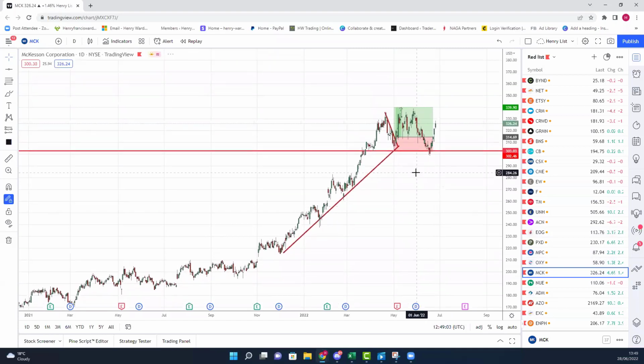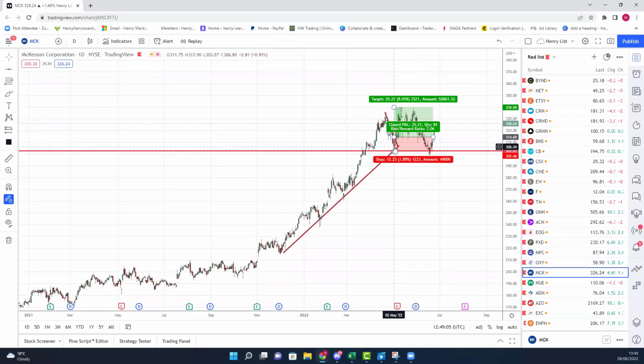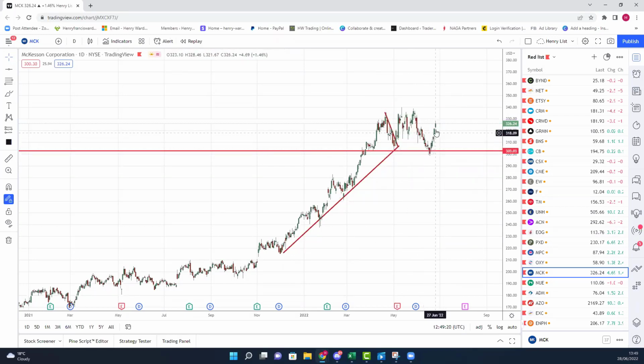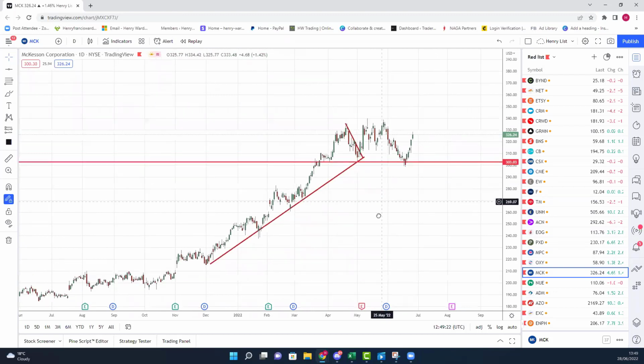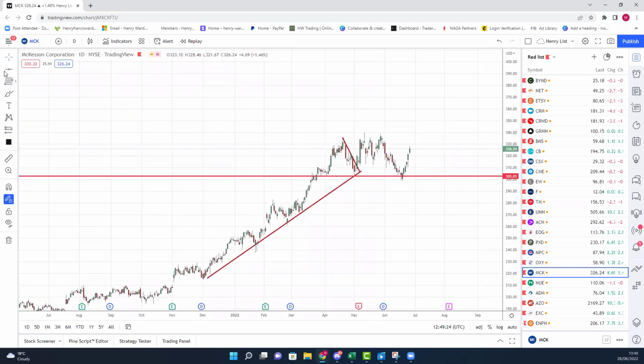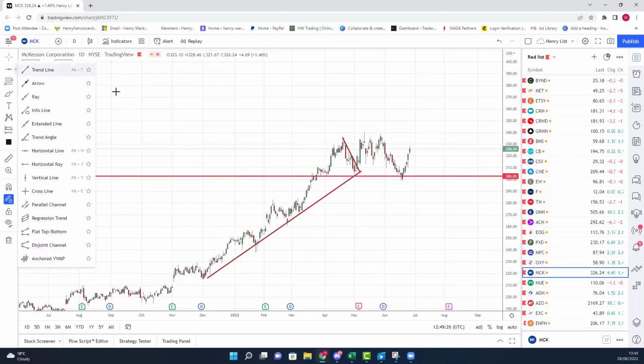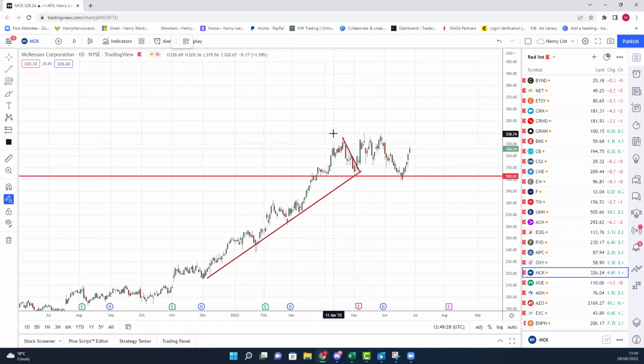So well done, anyone who took this trade. It came back down, hit there, went up, and hit our take profit on this one. It came back here again and double bottomed. So anyone who took this as a double bottom again, look, we've had a really nice run. Now the question is, at this particular point, how far are we expecting this to go up?